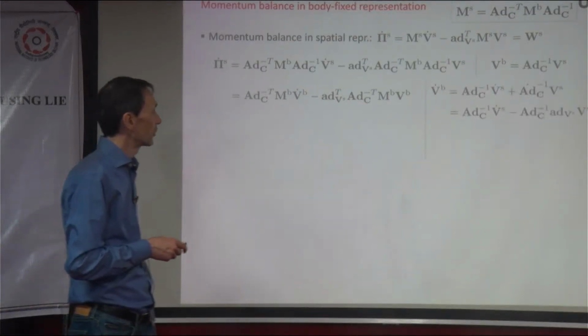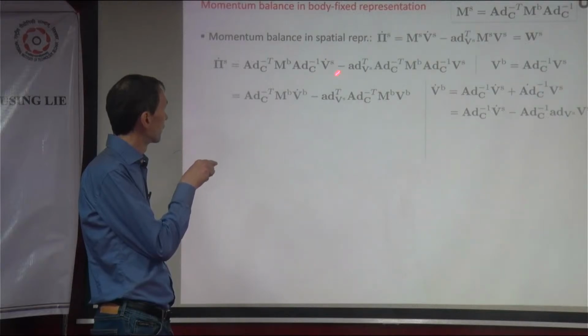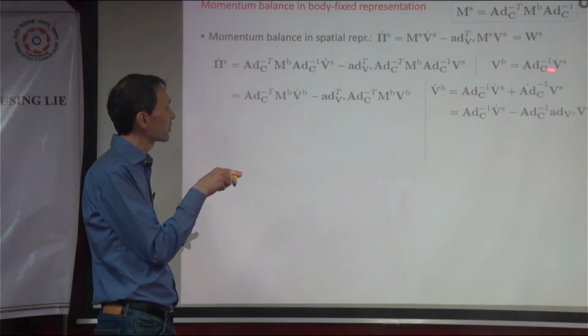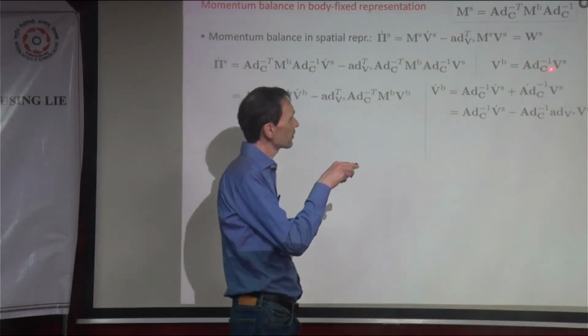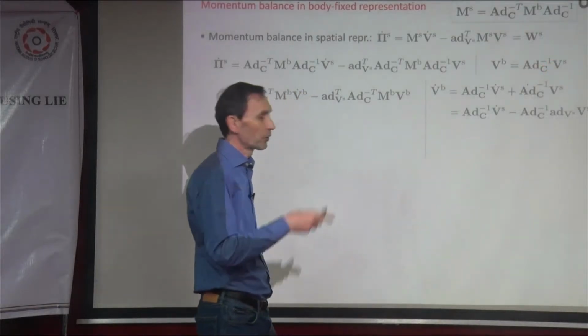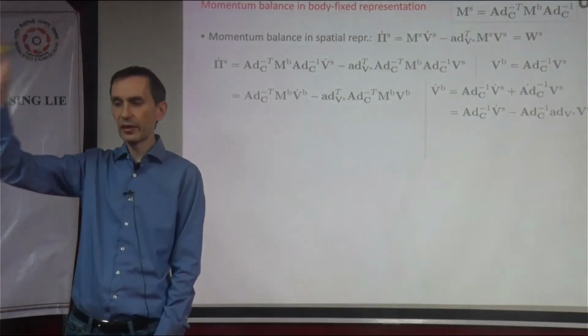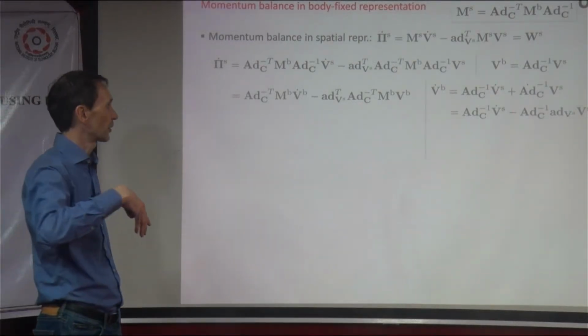I use the spatial velocity. The spatial velocity is related to the body fixed velocity by the adjoint, right? So you go from one to the other with the adjoint matrix. This is what we had yesterday. The body fixed twist and the spatial twist are related by the adjoint of the H matrix.